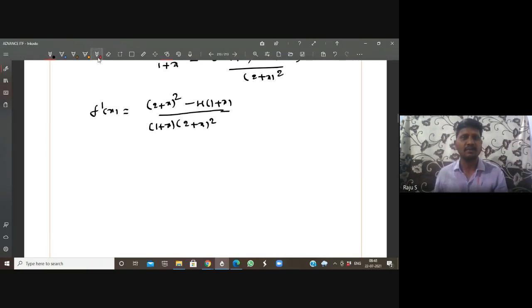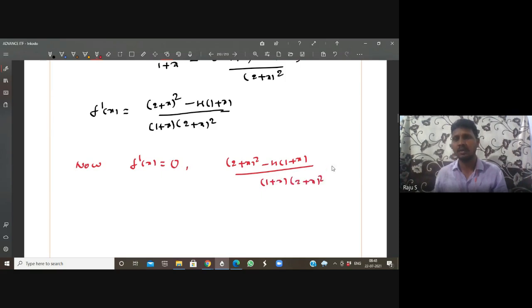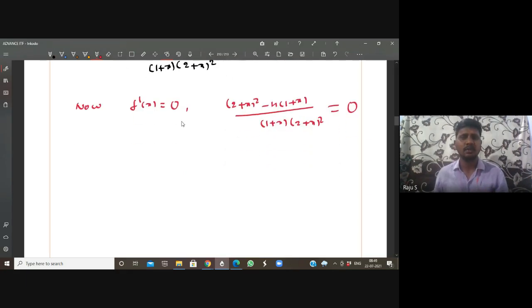The f dash of x value is 2 plus x the whole square minus 4 times 1 plus x by 1 plus x times 2 plus x the whole square, equating to 0. See, the denominator, when we cross multiply, it will become 0. So here the numerator, 2 plus x the whole square minus 4 times 1 plus x, becomes 0. So students, all of you find the x values here.